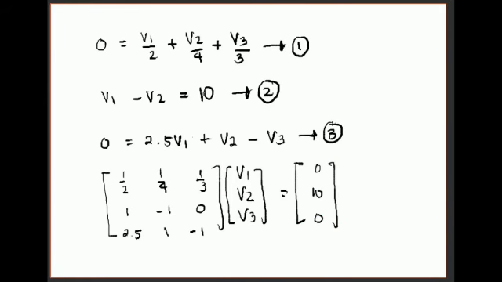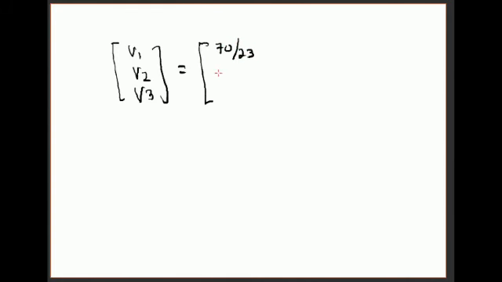So using your calculators, we should have V1, V2, and V3 equal to 70 over 23, minus 160 over 23, and 0.6522 volts.